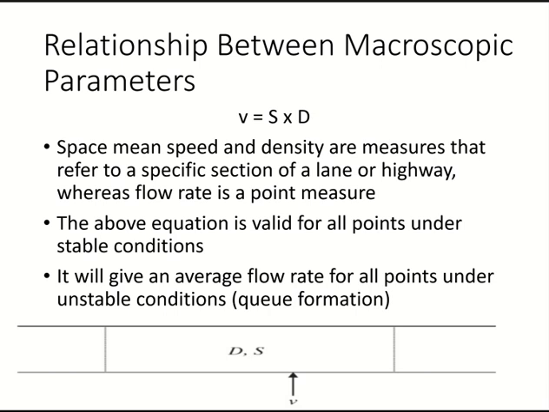Even if you don't allow entry and exit, but you change the number of lanes, so everybody was in 2 lanes and now you made it into 1 lane, they will come closer to each other. From 2 lanes they will go to 1 lane. That means the flow is not the same. They are going slower now. That's why I'm saying no changes in the section. This equation applies when there are no changes in the section.